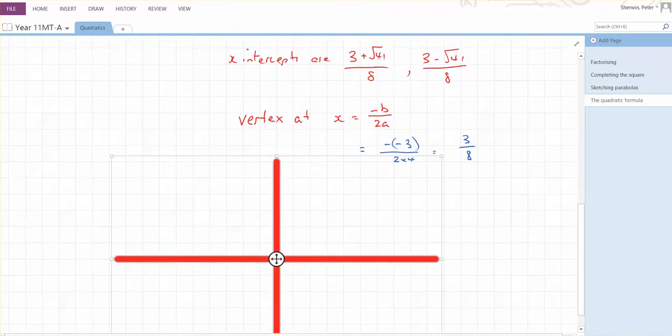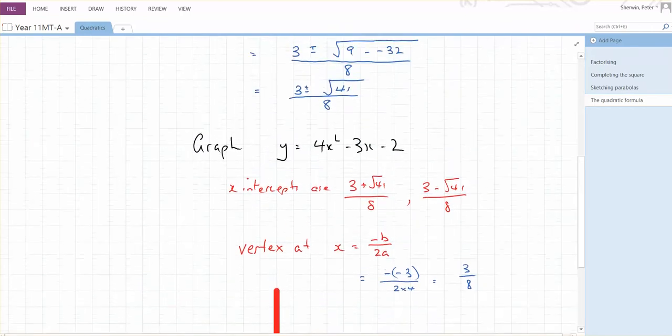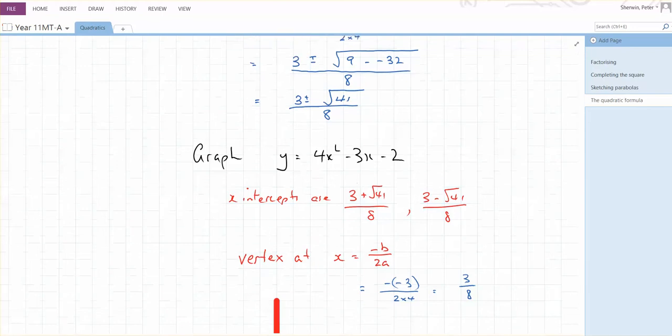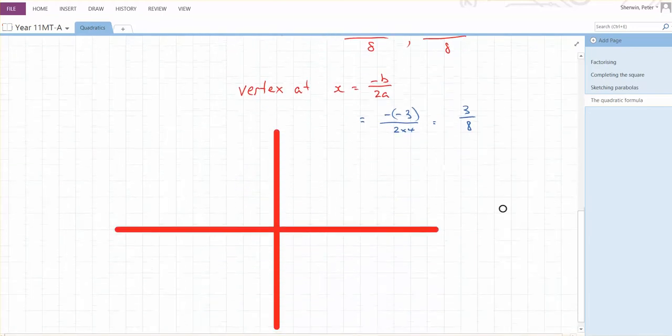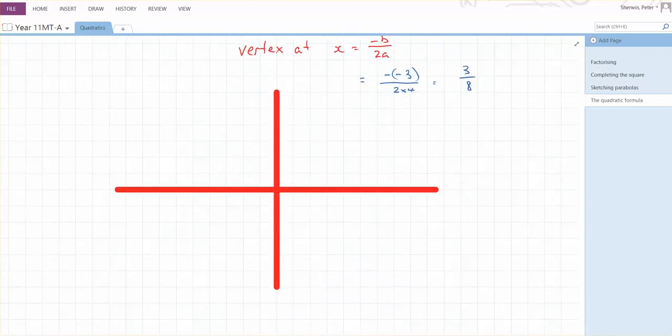This is just a bit more than 1, this is a bit less than negative a half, and the y-intercept is always at x equals 0, so in this case it's minus 2. So the y-intercept is at minus 2, perhaps just make a note of that as well. Y-intercept is at minus 2.